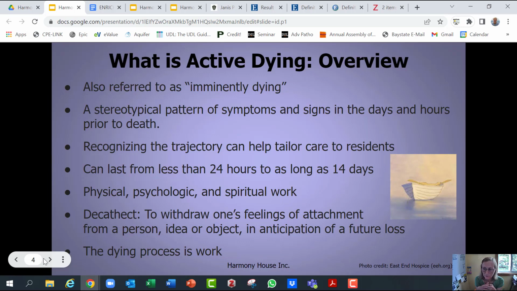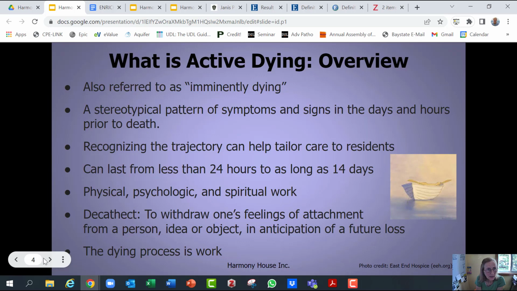Active dying is physical work, psychological work, and spiritual work. So we'll talk about each of these dimensions in a little more detail throughout this lecture. And then I wanted to introduce you to this term called decathection, or decathecting. To decathect is to withdraw one's feelings of attachment from a person, idea, or object in anticipation of a future loss.